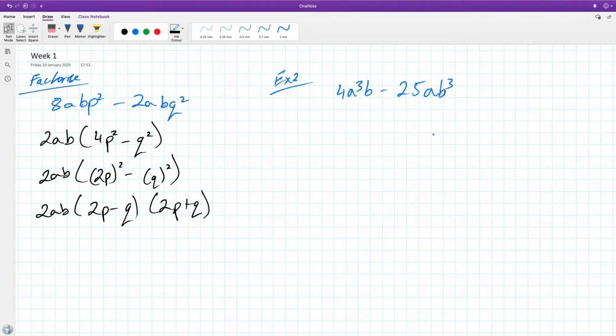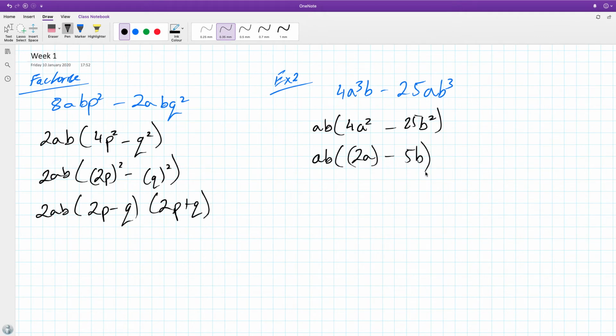So, we figured out they have a and b in common, leaving you with 4a squared minus 25b squared. That's a difference of 2 squares, so it's 2a squared minus 5b squared. So that's ab times 2a minus 5b by 2a plus 5b.